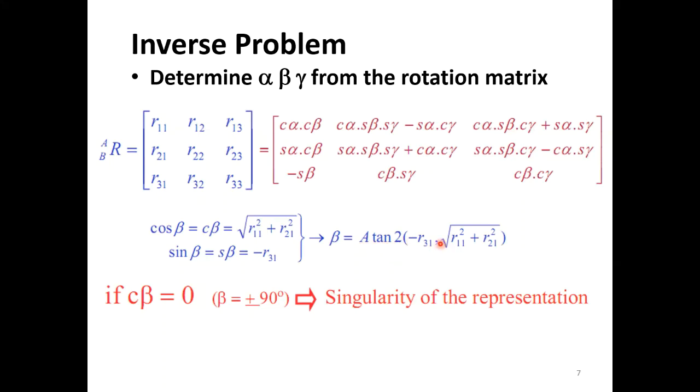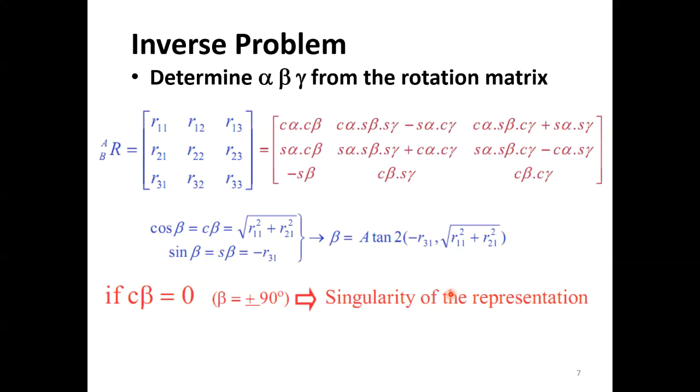You give the sine of beta, that is minus R31, comma, and the cosine of that angle, the square root of R11 square plus R21 square. Then you can calculate beta. The same way, you can follow through to calculate alpha and gamma. So that is the inverse process to calculate angles from the rotation matrix.